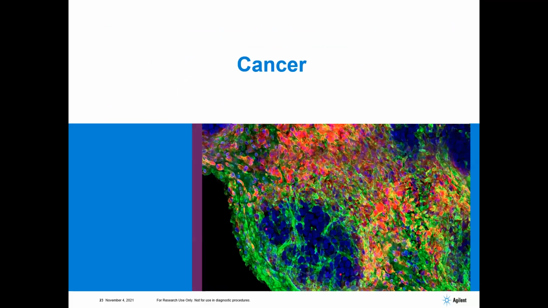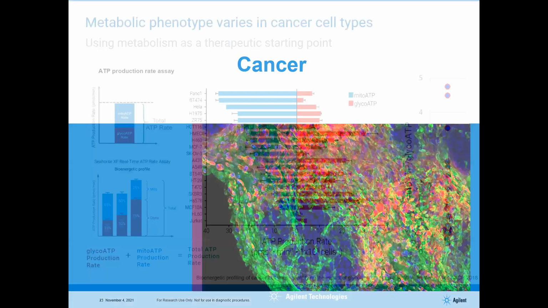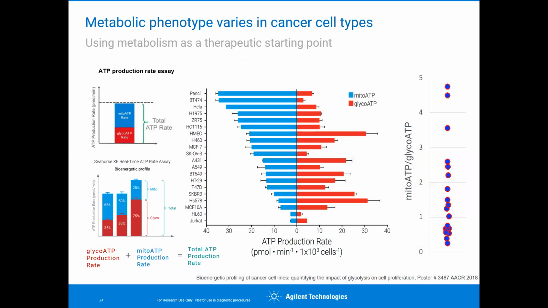Now, switching over to cancer, you've probably heard of the Warburg effect, when cancer cells preferentially use glycolysis, and then maybe the Crabtree effect, which is like a glucose-induced suppression of respiration. And these are both metabolic signatures of cancer growth. With Seahorse OCR and ECAR readouts, you see the total ATP production rate in cells and the fraction coming from OXPHOS and glycolysis.